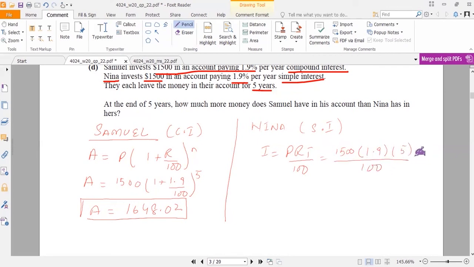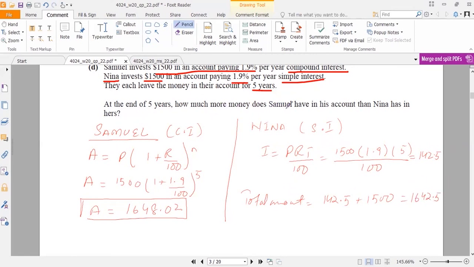So the final answer for the interest is 142.5. So the total amount after 5 years is 142.5 plus 1500, which equals 1642.5. Okay.